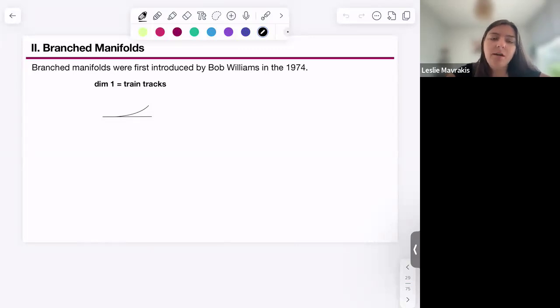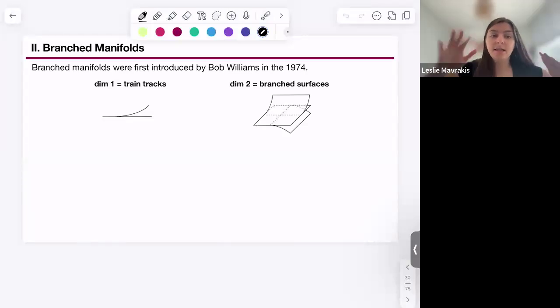In dimension 1, a branched manifold is a train track. And in dimension 2, a branched manifold is a branched surface. Here, because we're in a smooth category, every single point has a nice, well-defined tangent space, which is not going to be true in our case.